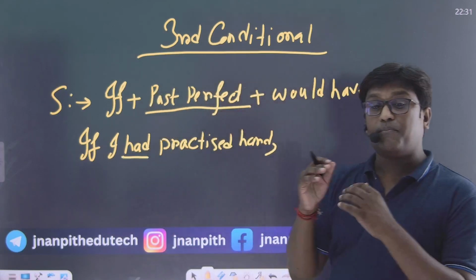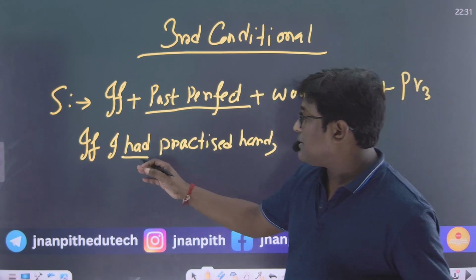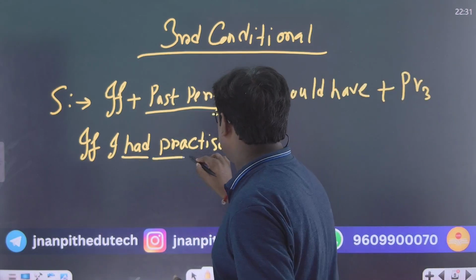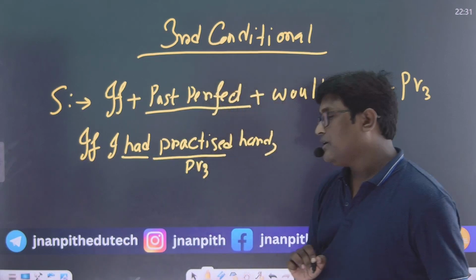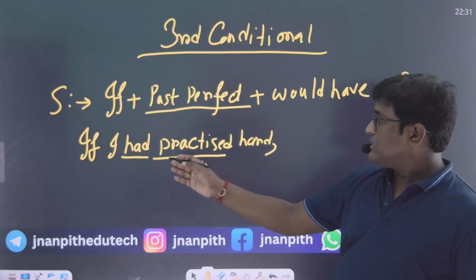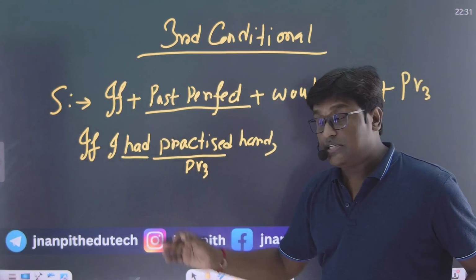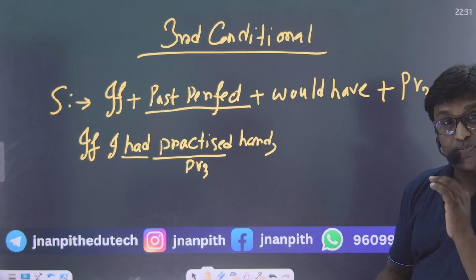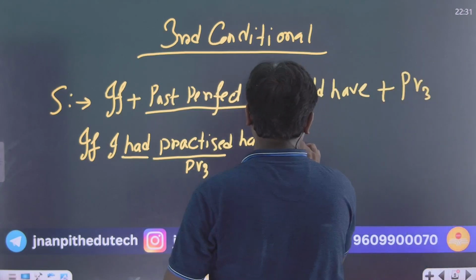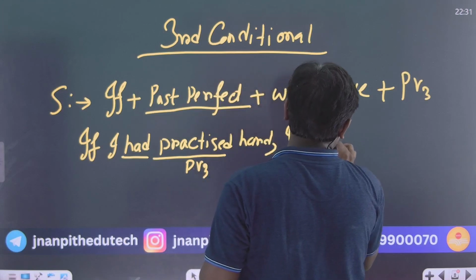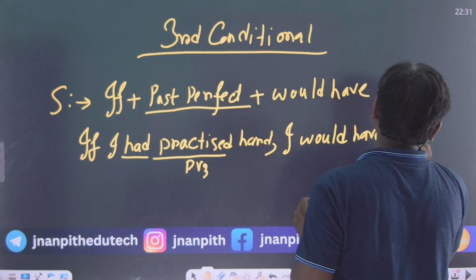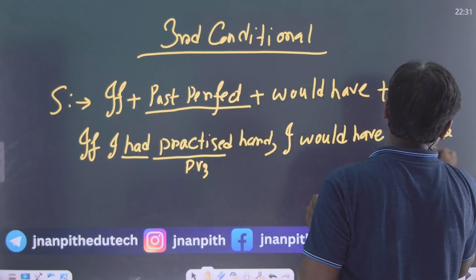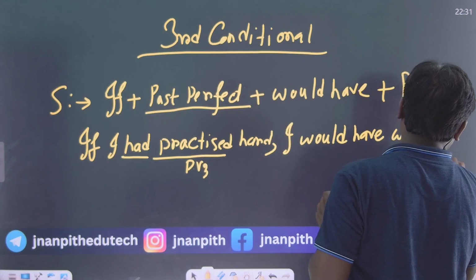In past perfect tense, the auxiliary verb will be had and the principal verb will be in third form. So this is in past perfect tense. So the if clause is in past perfect and the remaining part is I would have won the race.